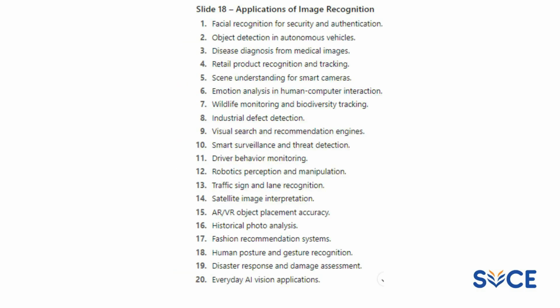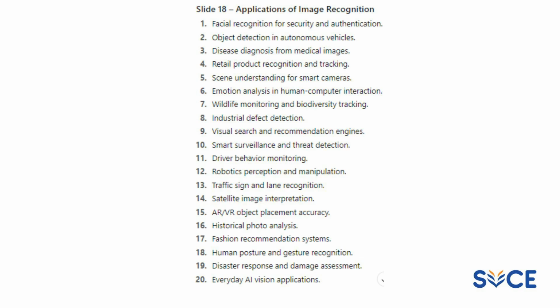Applications of image recognition. Image recognition is the process of identifying objects, people, scenes, or patterns in an image using computer algorithms, and modern systems often rely on deep learning for high accuracy. Its ability to automatically interpret visual data enables numerous practical applications.